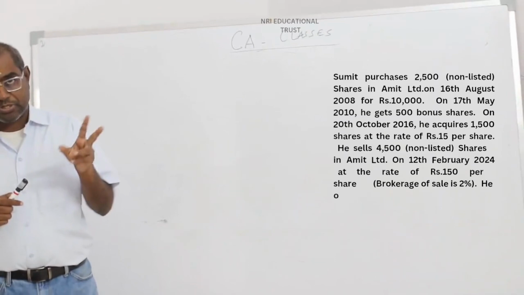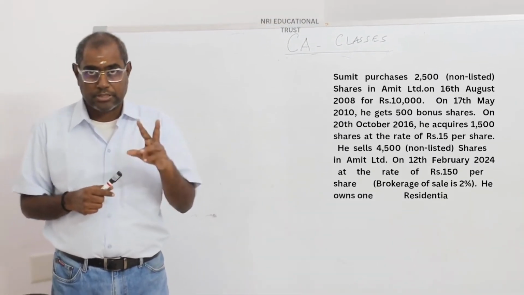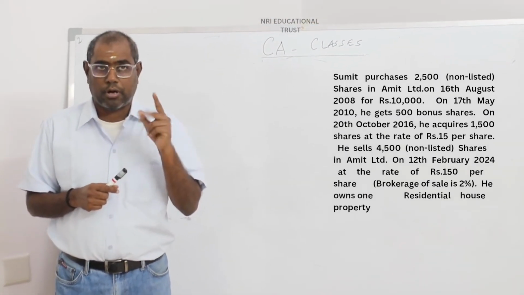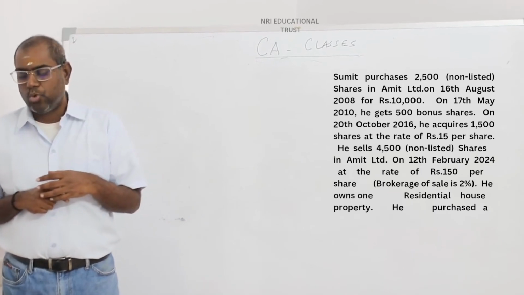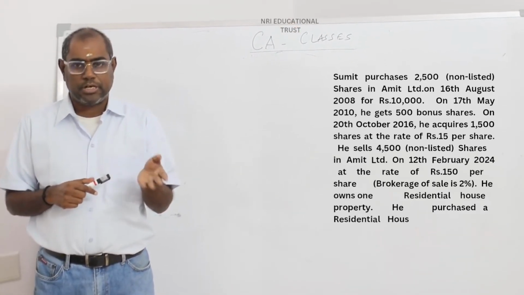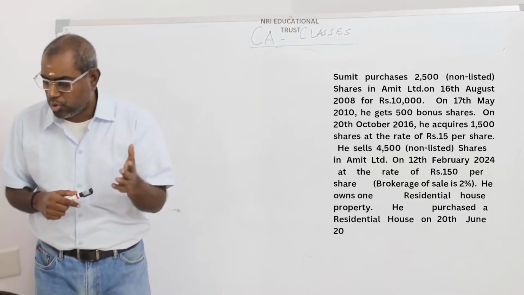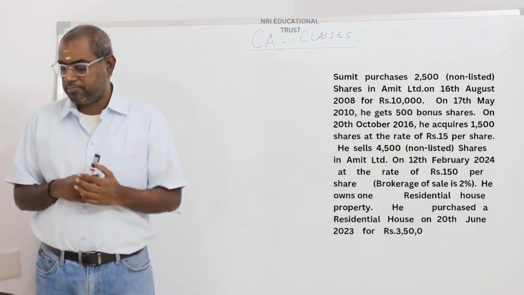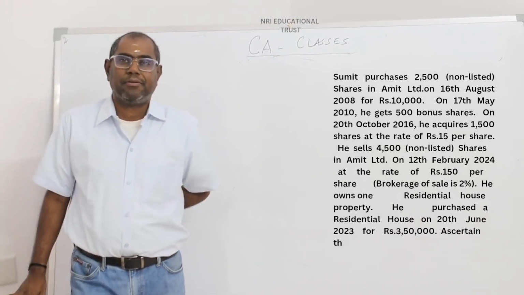Brokerage on sale is 2%. That means expenses incurred on transfer is 2%. He owns one residential house property. He purchased another residential house property on 20th of June for rupees 3,50,000. Ascertain the amount of capital gain.